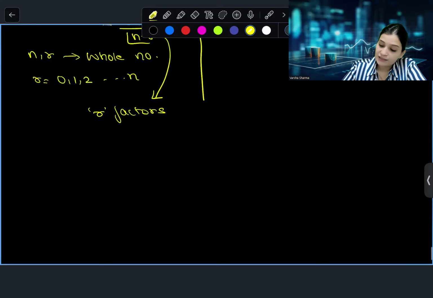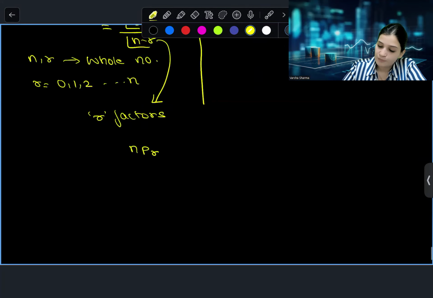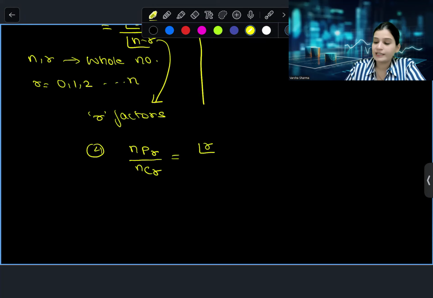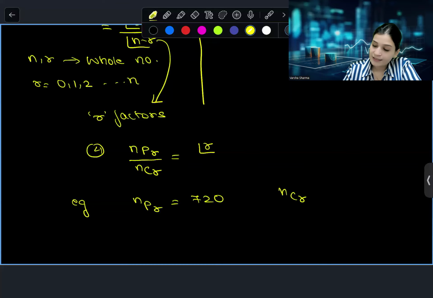Then there is a formula that gives you a relation between permutation and combination. nPr divided by nCr is factorial r. For example, if I say nPr is 720, nCr is 120, find r.